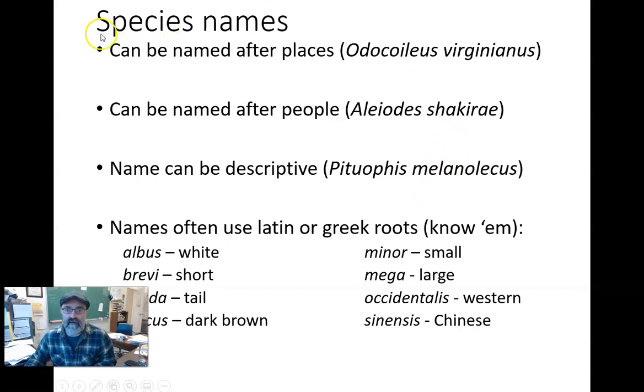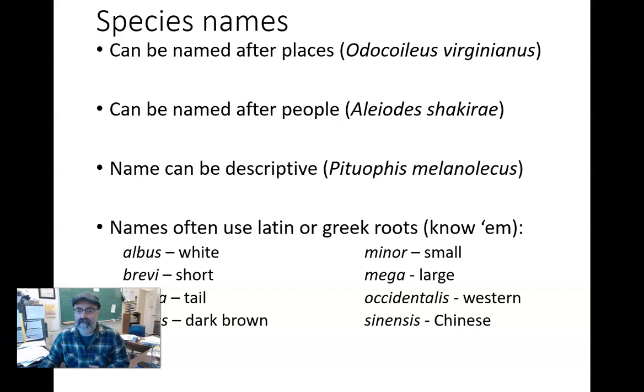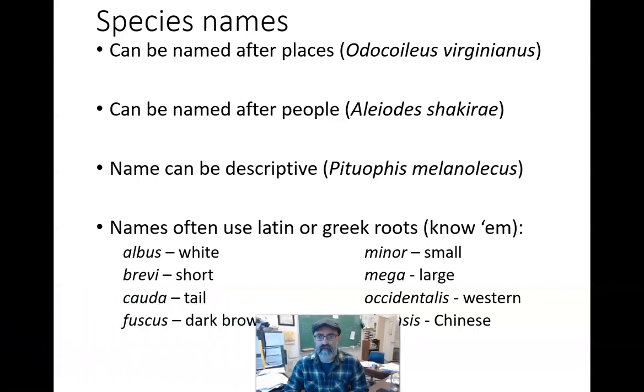But we talked about the unit of evolution, the species. We talked about some examples, how species are born in terms of being described by people. And the next question here really is, what is a species? We talked about how they're named, the different languages used to name them, these root words used in the naming process.